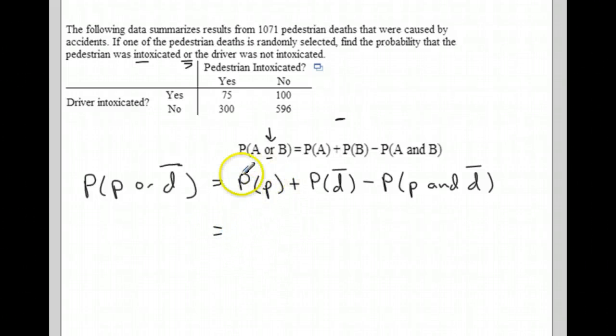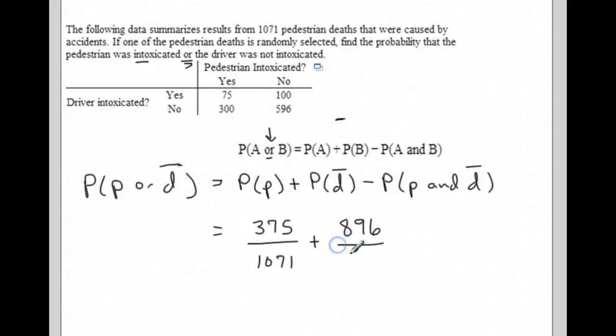So the probability a pedestrian was intoxicated is the sum of these two, 375 out of the 1,071 total, plus the probability the driver was not intoxicated, which is this many, 896 out of the 1,071, and then we subtract that they both were.